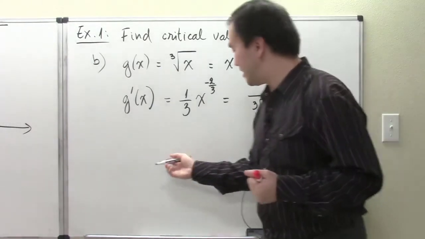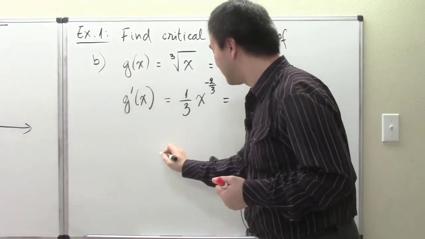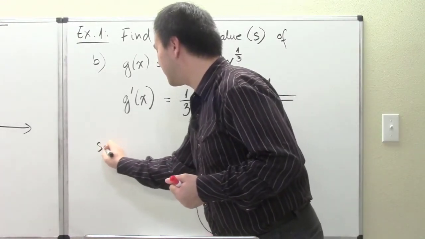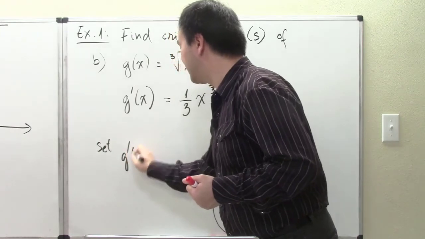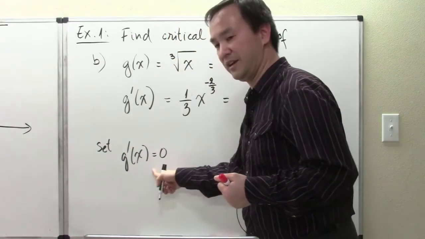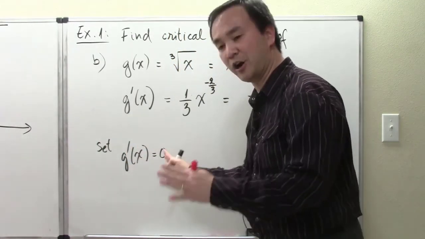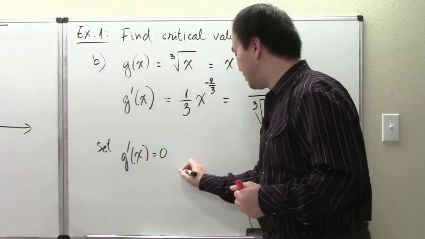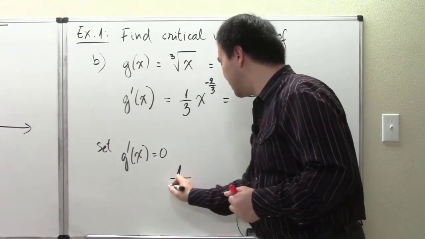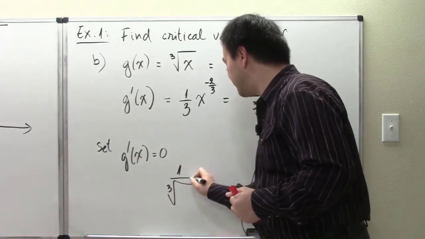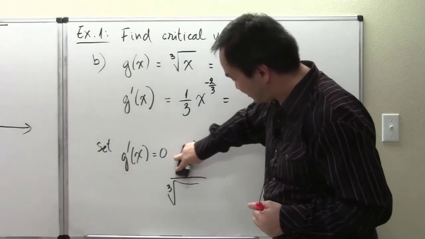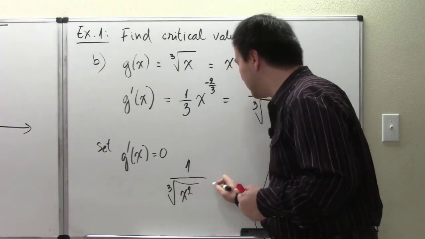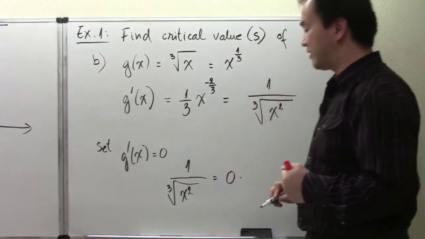Okay, and so now we're going to set our g prime of x to equal 0, and then solve that equation. So here we go. That means we have 1 over cube root of x squared equals 0.